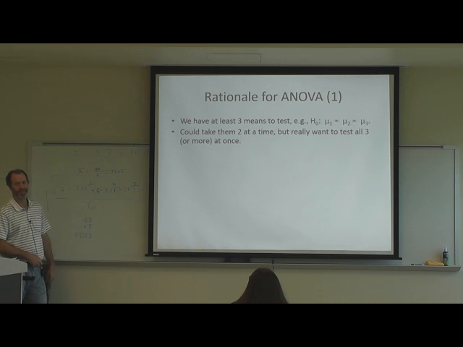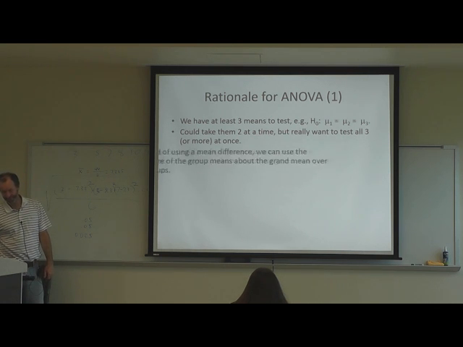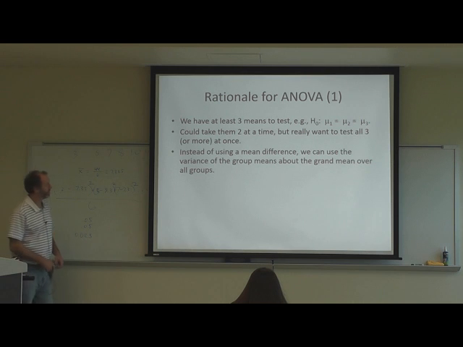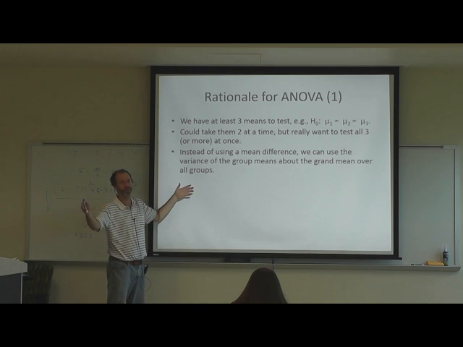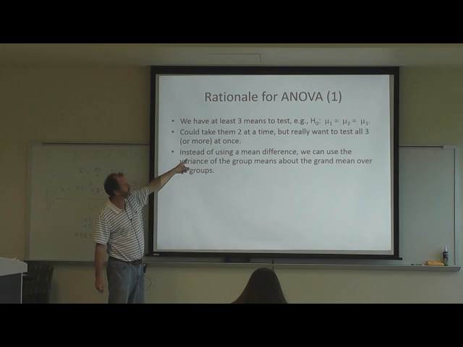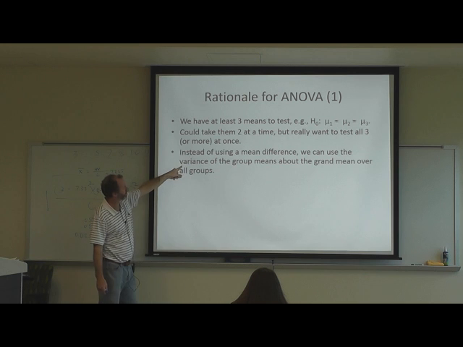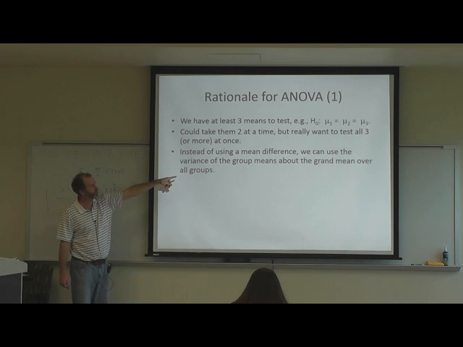And then it keeps getting harder and harder, basically, because those probabilities multiply. So the rationale is you have to check them all at one time so you don't get that multiplication of probabilities. Instead of using a mean difference, we can use the variance of the group means.